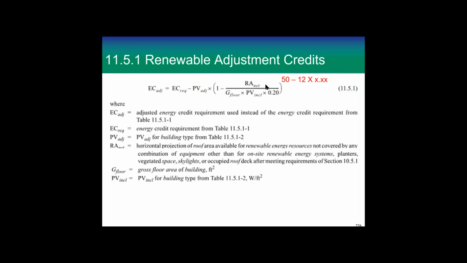Put that in there, and then however much you had to adjust, because you use less radiant heat, horizontal projection of roof available, for any of the reasons you use less net value or less floor area, actual floor area, you put that in there, and then you make your adjustment.